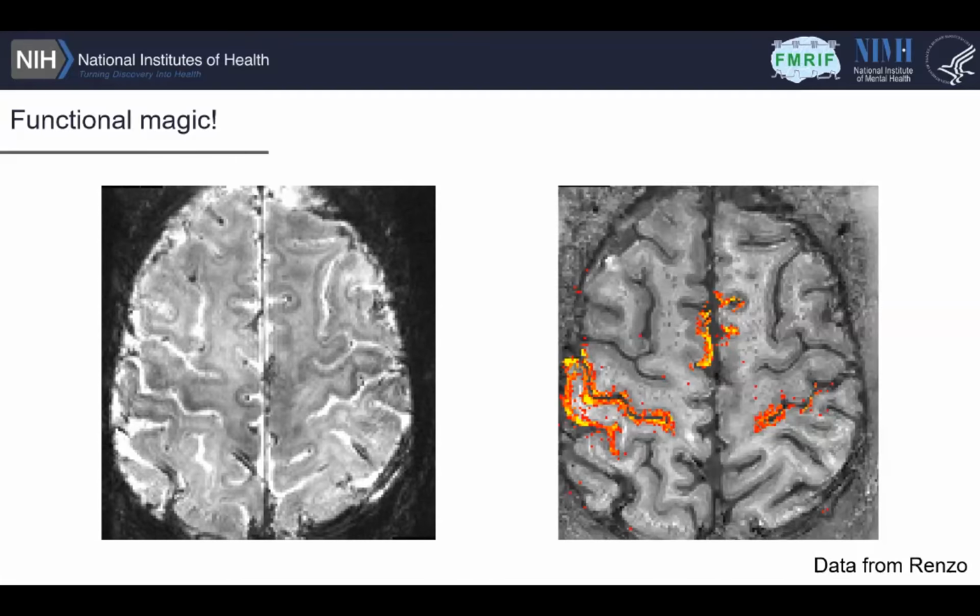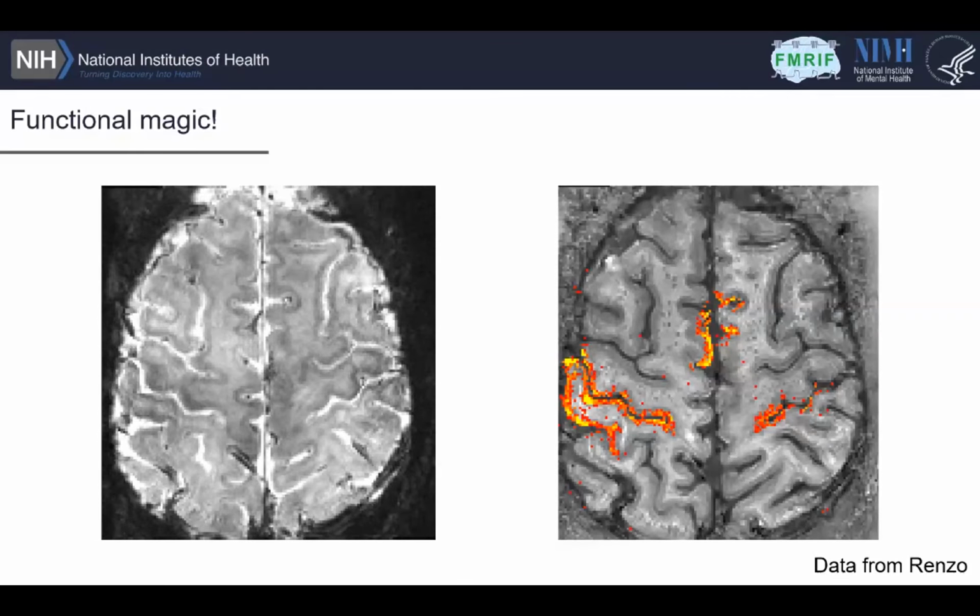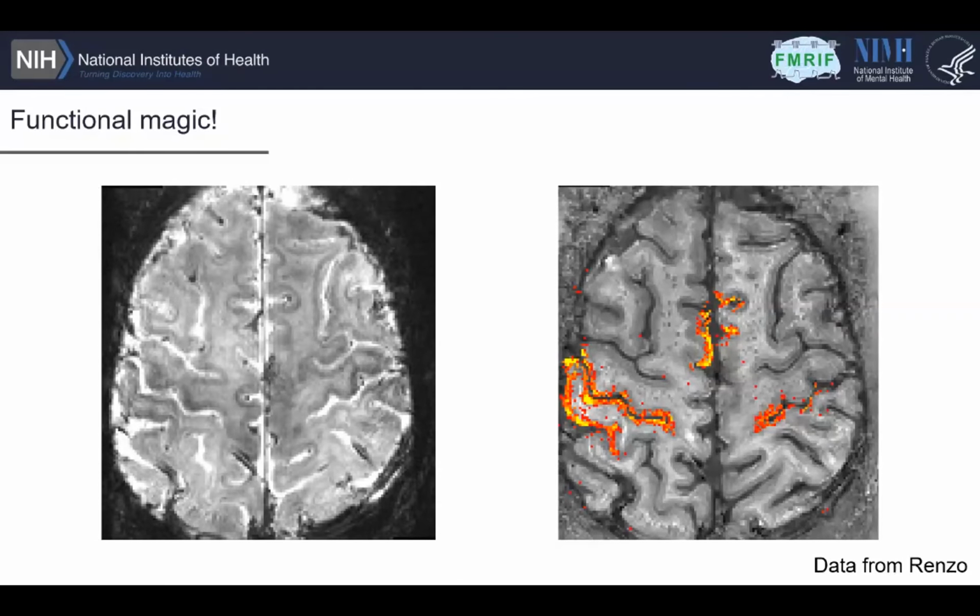So even though what we might see come out of the scanner on the left side looks like, how am I ever going to approach this? We need to get to the point where we can actually look and see and highlight the things that we see on the right, which is the tasks that we're doing, what the neurons are actually related to as we're going through this experiment.